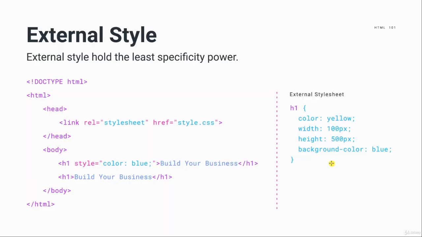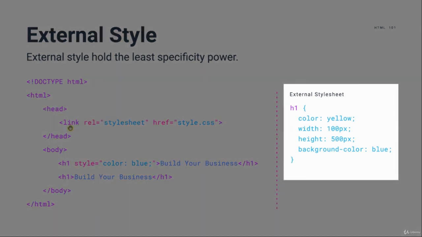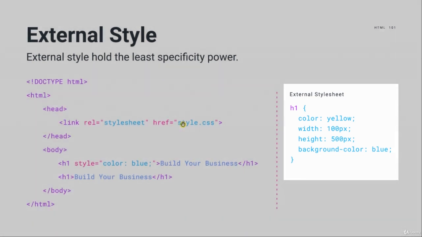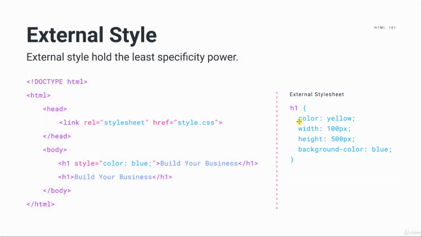So what is an external style sheet? An external style sheet holds the least specificity power. This word always gets me, it's killing me. So we already know that this is how we link our style sheet, but exactly what goes on behind the scenes? For example, if we have an h1 tag and we want to color it, we just go inside the h1 tag and then open it with curly braces.